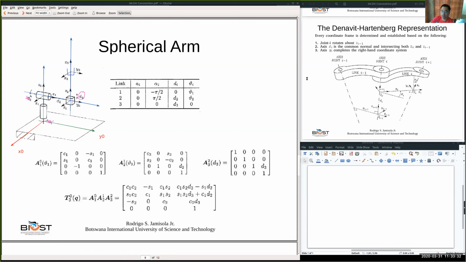Again, we can arbitrarily set X0. I choose X0 to be there and Y0, so it completes the right-hand rule. Finished.